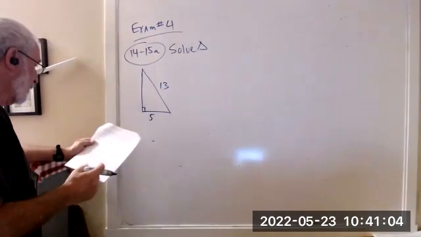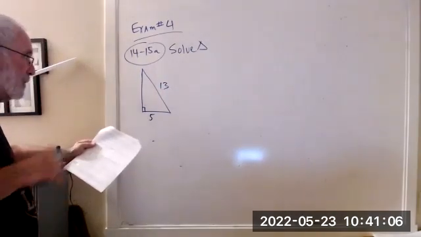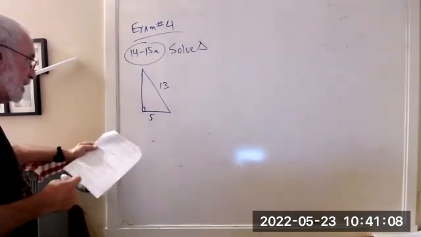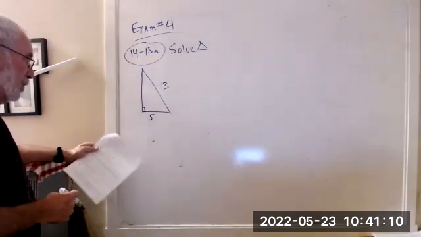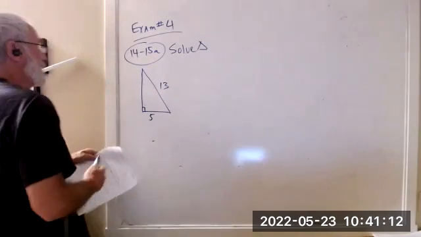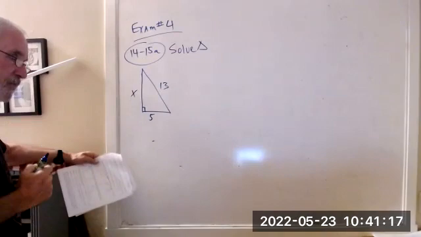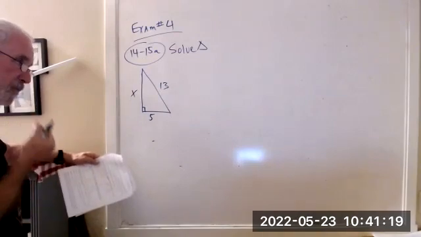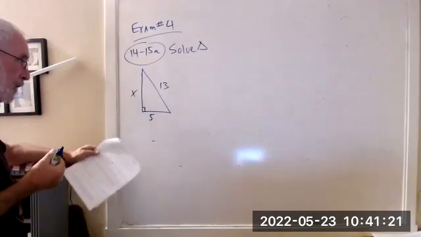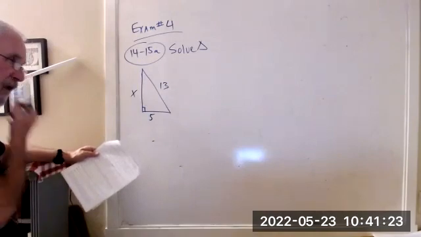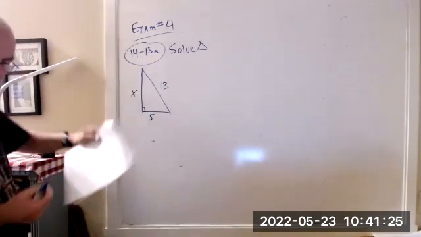So solve, in the directions, said find all the missing sides and missing angles. Okay, well, the first thing I see that's missing is this side right here. What can I use to find that side, that X?